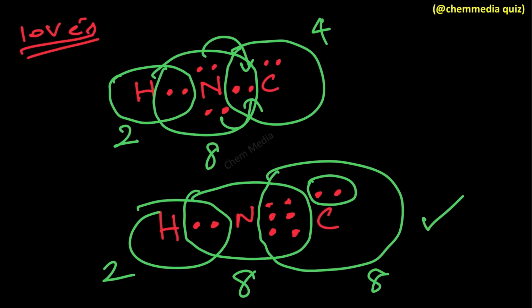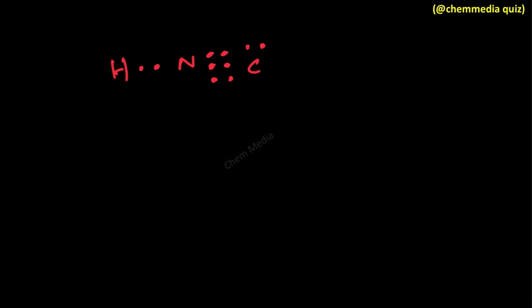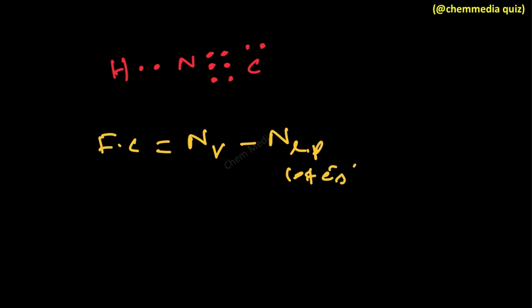You can also check the formal charges. What would be the formal charge for nitrogen and carbon here? Let's do that. Now we know that formal charge is equal to number of valence electrons in the atom minus number of non-bonded electrons in the molecule, that is number of lone pairs of electrons, not number of lone pairs, number of lone pairs of electrons, minus number of bond pairs of electrons by 2.